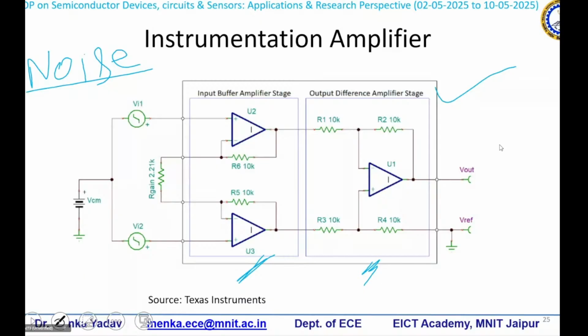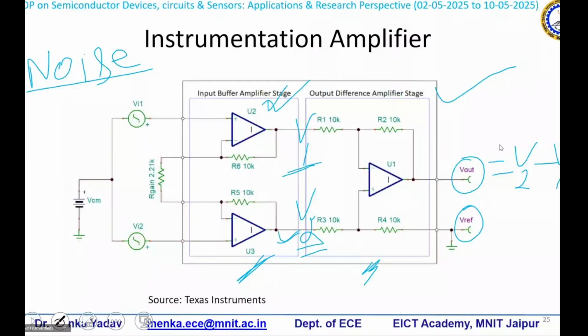So if all of these are equal, whatever Vi1 you are getting, let's say this is V1 and this is V2, the output can be given as V2 minus V1, because V reference is grounded. If you have some value of V reference, then that will get added over here. Now you have to find out V1 and V2.